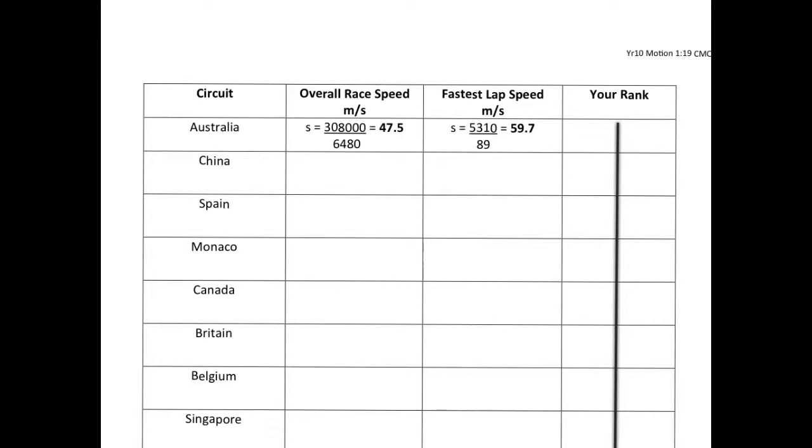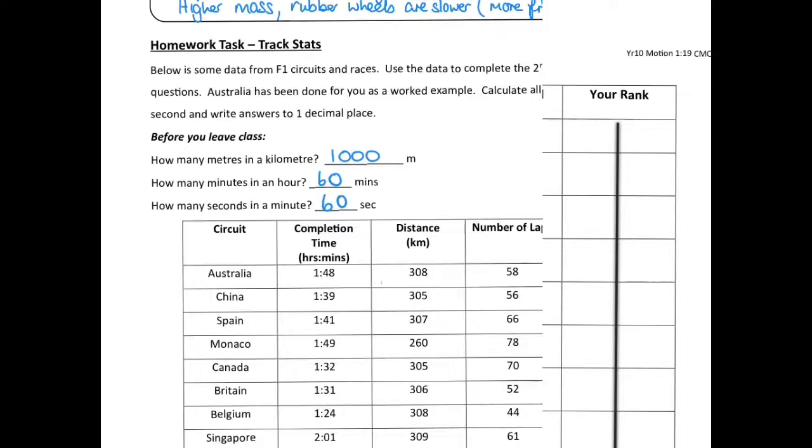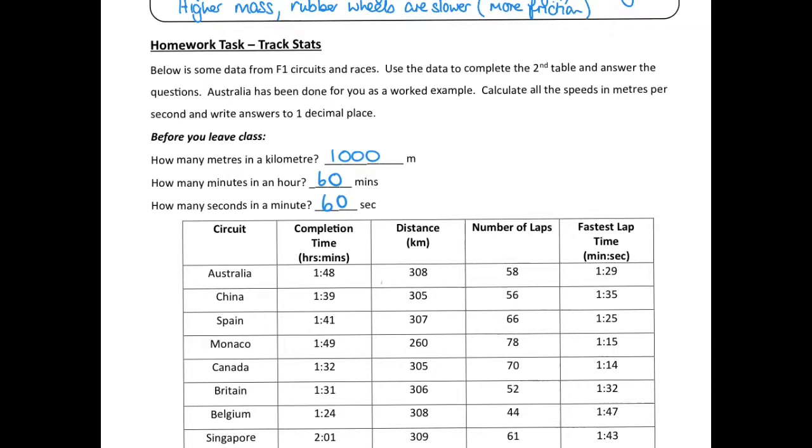Okay, so if we look at Australia, we've got numbers that actually aren't in the table. It's a bit weird, and it's because we want to work these answers out in meters per second. So the first thing you have to do is to convert your hours and minutes and your minutes and seconds into seconds overall.